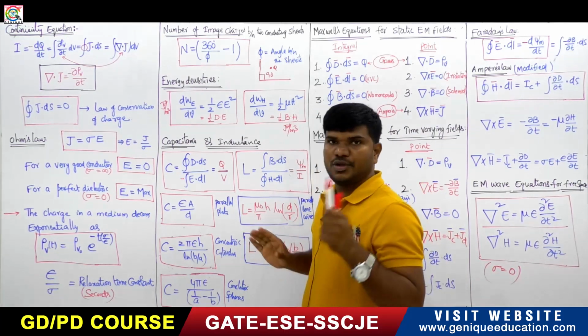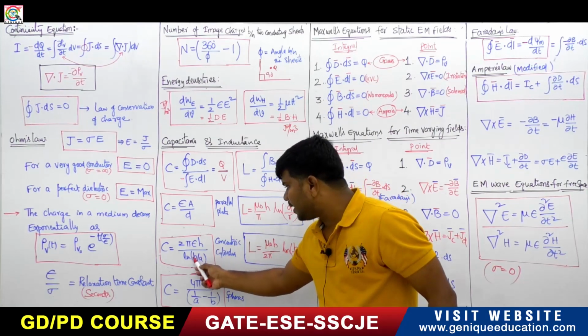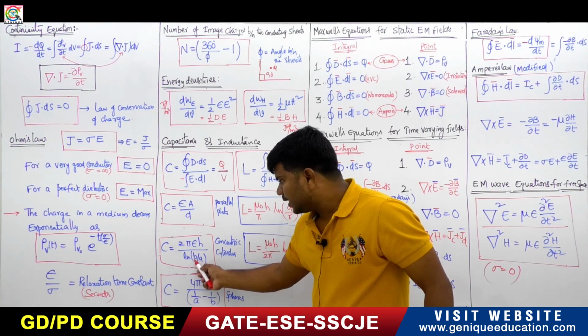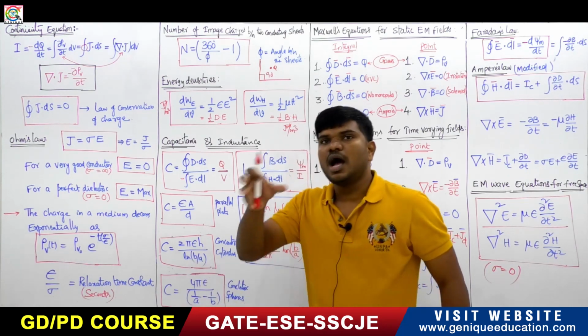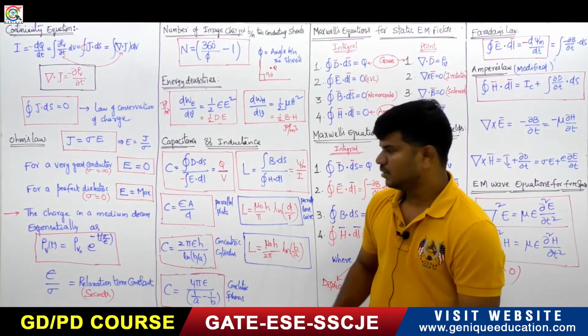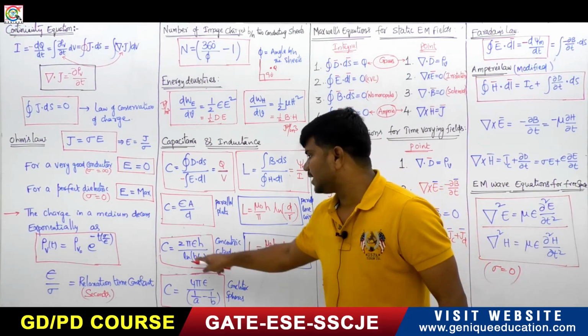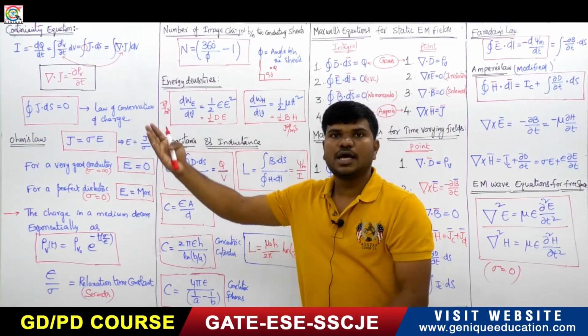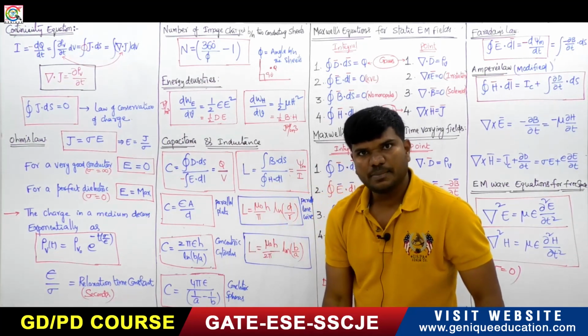This is the point you have to understand. Always in the ln b by a, the numerator must be greater, so the numerator gives you the outer conductor radius.